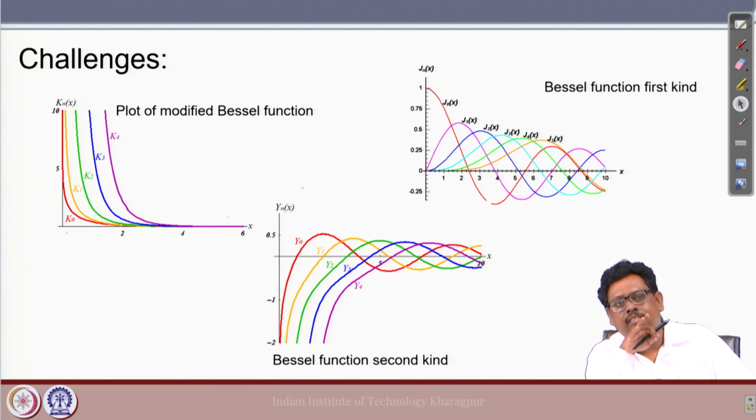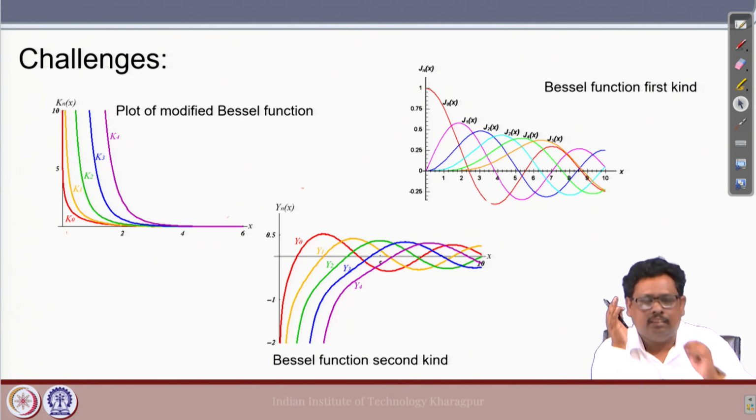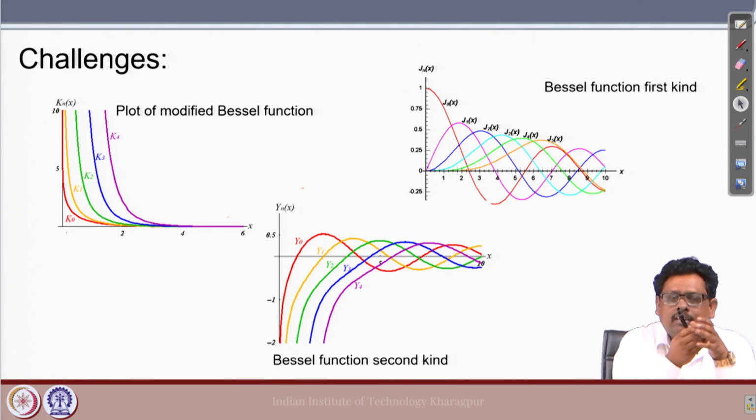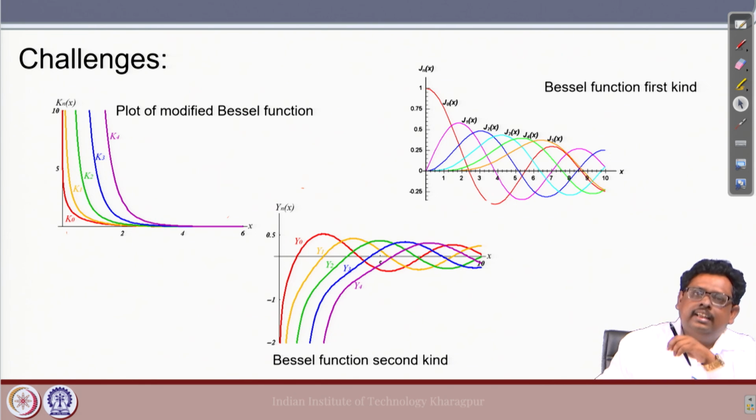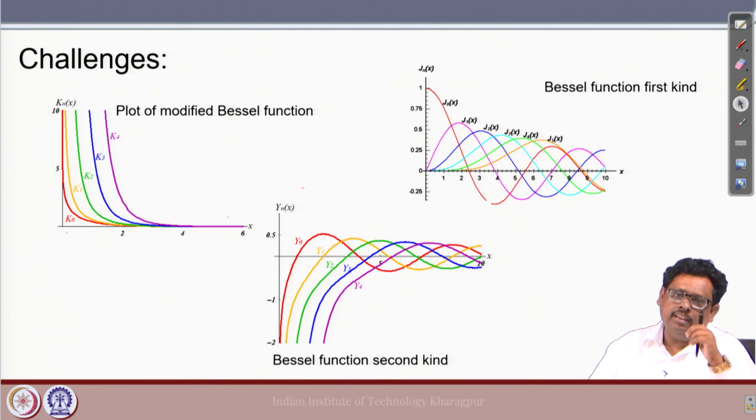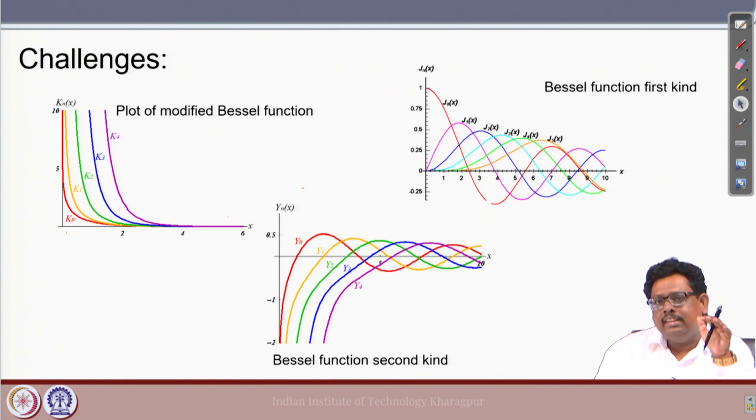If you look at this graph for k 0, when k 0 goes towards 0, you can see the function becomes infinity, and similarly the same for y 0 also. It asymptotically goes to infinity. These are the complex things that we need to deal with.